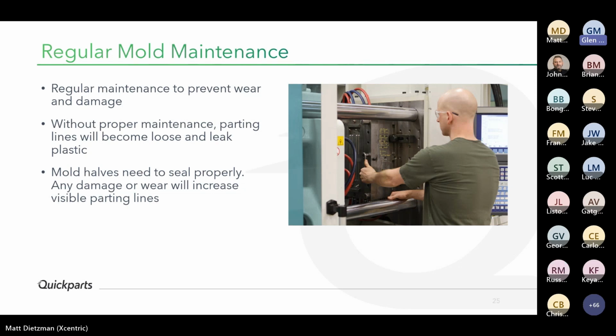You check the spot to make sure both sides are hitting hard on each other, making sure that it's tight. And then again, as the tool gets older and runs more parts, it's the job of the tooling team to maintain that, make adjustments, and reaffirm the sharpness of the parting lines and things like that. The tool maker is kind of the doctor for the tool.